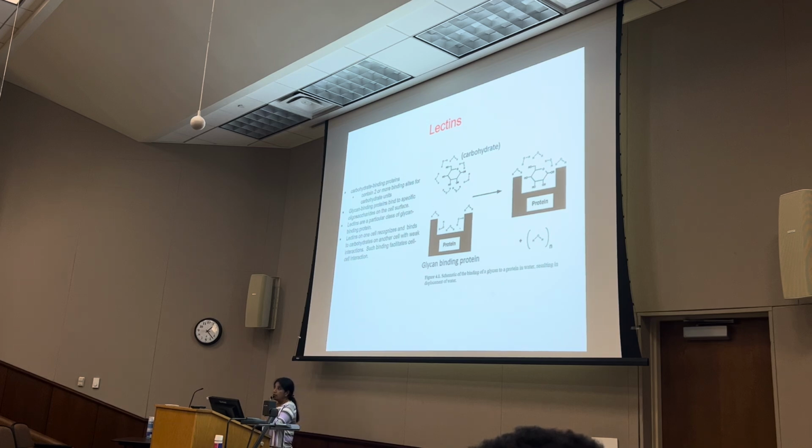So here's your glycan binding protein. That's your protein. That's the pocket. And it binds to carbohydrates. And these carbohydrates can be associated with another protein, or they can be just associated with the cell membrane. Alright, so here's that weak interaction that occurs.